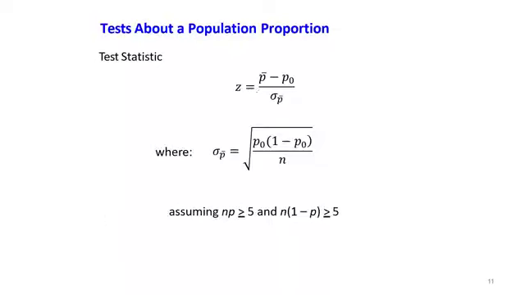Here the Z test statistic formula is Z equal to P hat minus P0 divided by the standard deviation. The standard deviation formula for proportion is this. Let's understand this. For example, somebody is stating that in a particular plant, in a day they get only 20% defects.